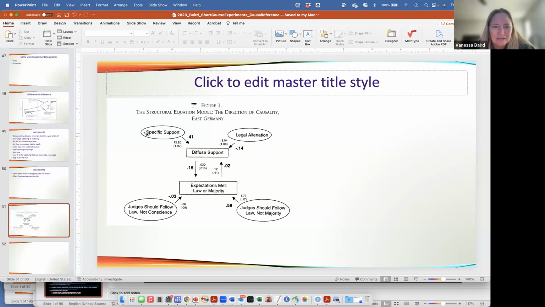And as you can see, I've got instruments here. So specific support, I like what the court has done lately, is an instrument for diffuse support. And these two variables, specific support and legal alienation, have to be uncorrelated with the expectations met, law or majority.